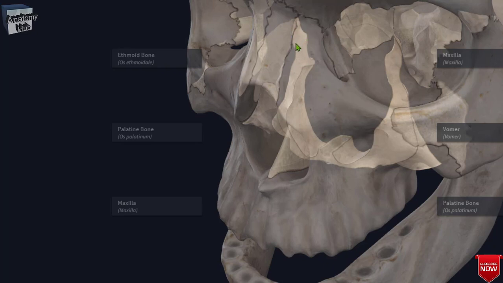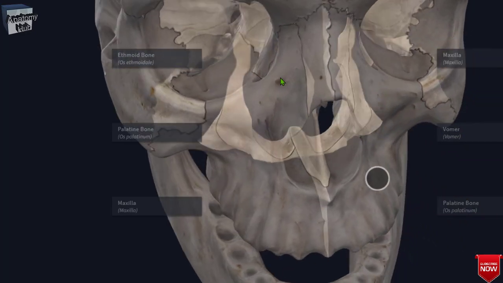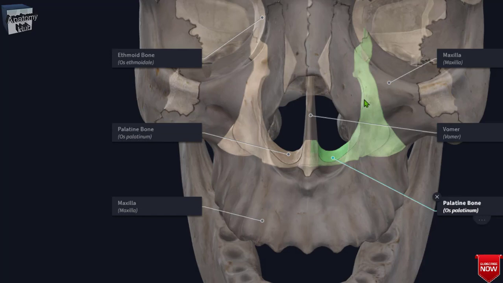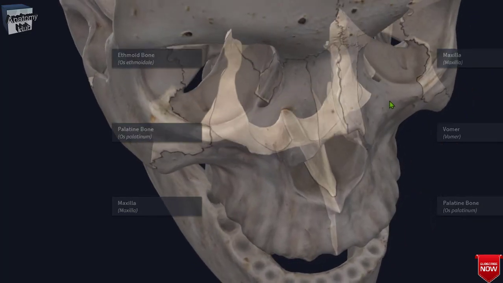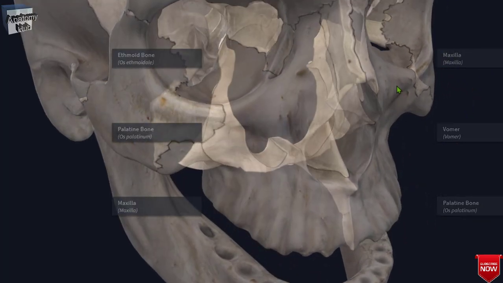Then the maxillary surface of the perpendicular plate of the palatine bone is rough and irregular, and it articulates with the nasal surface of the maxilla. The spinopalatine notch you will find over here at the top of this bone.